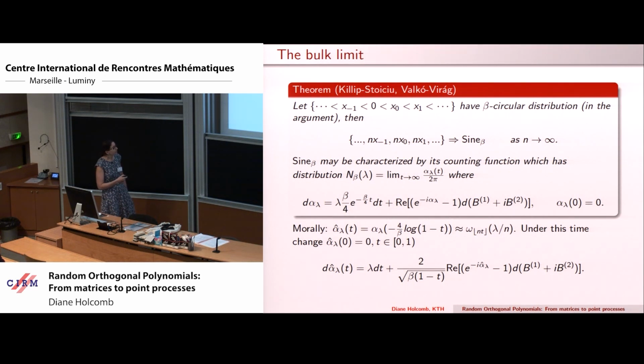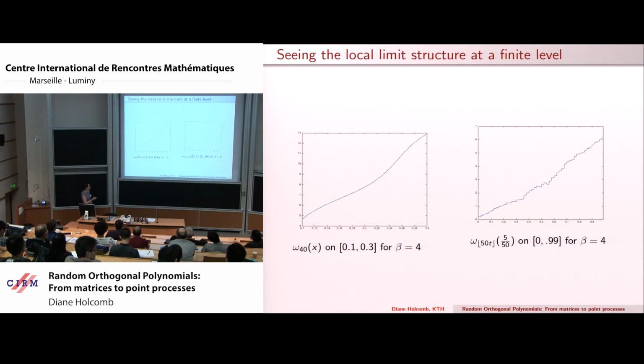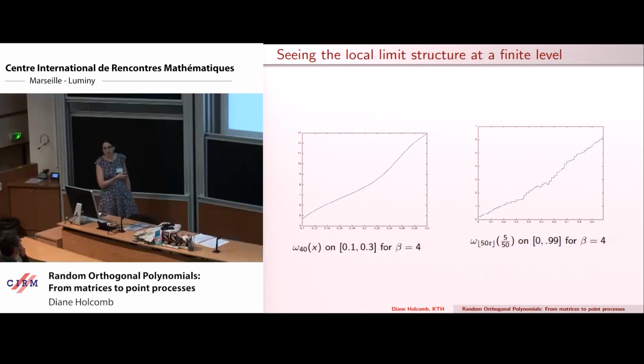Don't worry, I'm not going to do too much stochastic analysis here, but I'm going to show you a bunch of pictures. So we have this stochastic differential equation, and we let time run out to infinity, and we divide by 2 pi. So what you should think about is, this picture here is going to converge to some stochastic process that satisfies that stochastic differential equation, and you need to look at the end of time. That would be like looking at the n minus first omega.